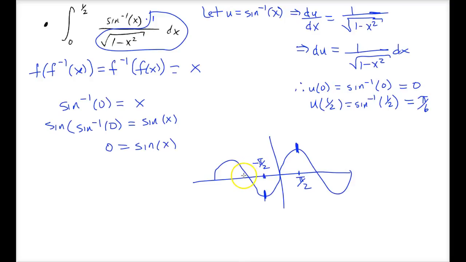And it passes both the vertical line test and the horizontal line test. If we look at it beyond negative pi over 2 to pi over 2, then we get a function that's not one-to-one, and thus it can't have an inverse. So here we need to get rid of all of this. I'm going to erase all of this, and we're just dealing with this piece.